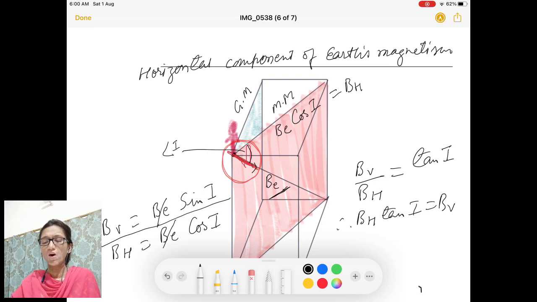So all these are the three elements of Earth's magnetism, and using these three elements we can find the magnetic field strength of our Earth at any point.